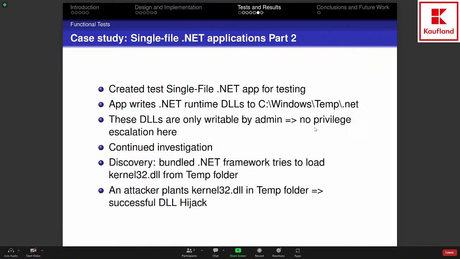An unelevated attacker can drop a DLL in that temp folder, and that is what we did to our own test application. We have shown in our test application, in the .NET single file framework, that DLL hijacking for escalation of privilege is possible.